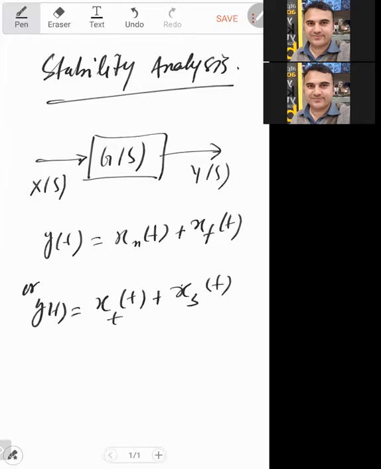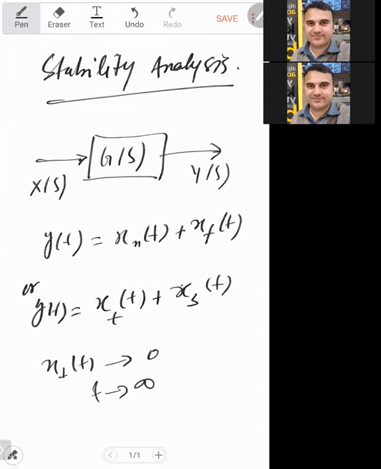So the stability of the control system is achieved when the transient response decays to zero, so x of t approaches zero as t approaches infinity. We are left only with the steady state response of the system.